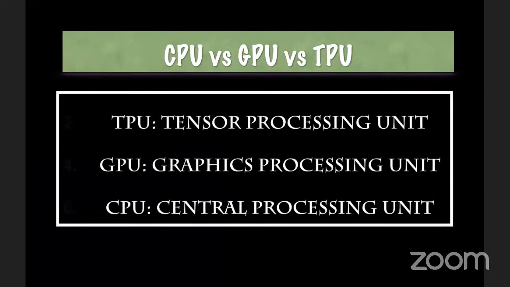You should ask the question: what is the difference between the CPU, GPU and TPU? Generally, these are the differences. CPU stands for central processing unit, GPU stands for graphics processing unit, and TPU stands for tensor processing unit.